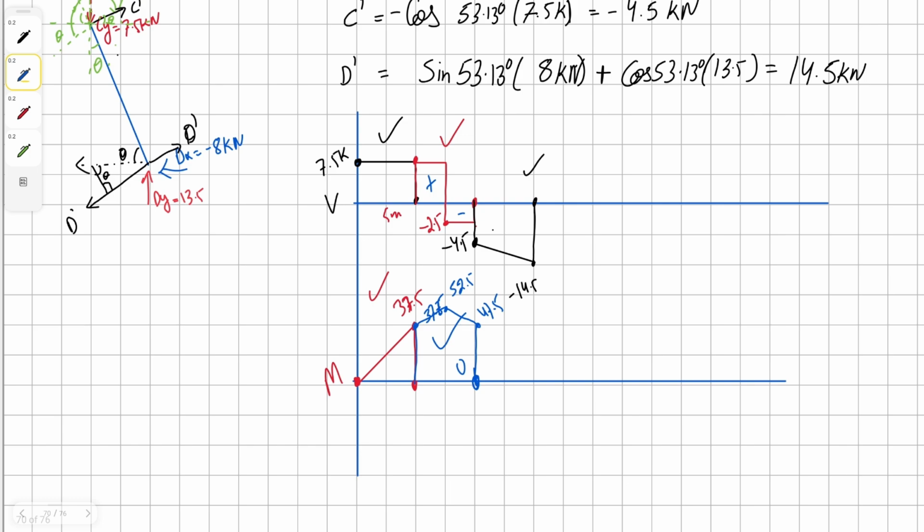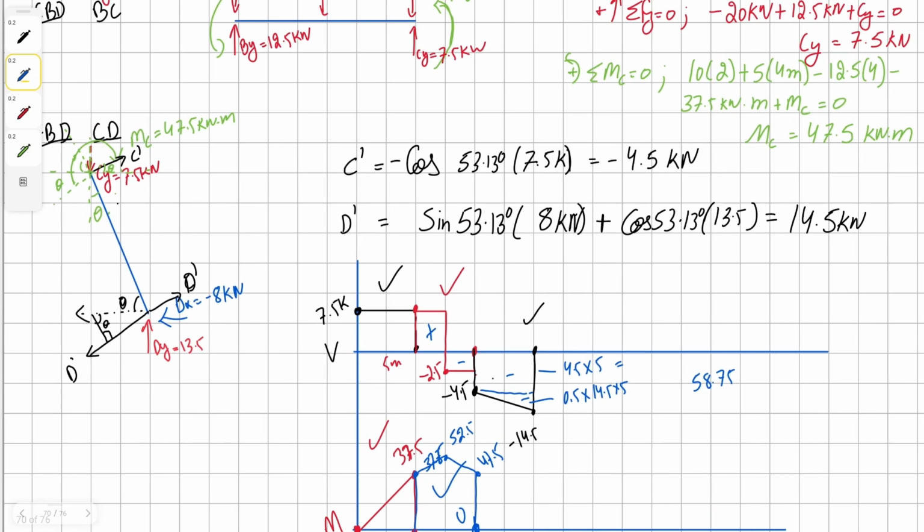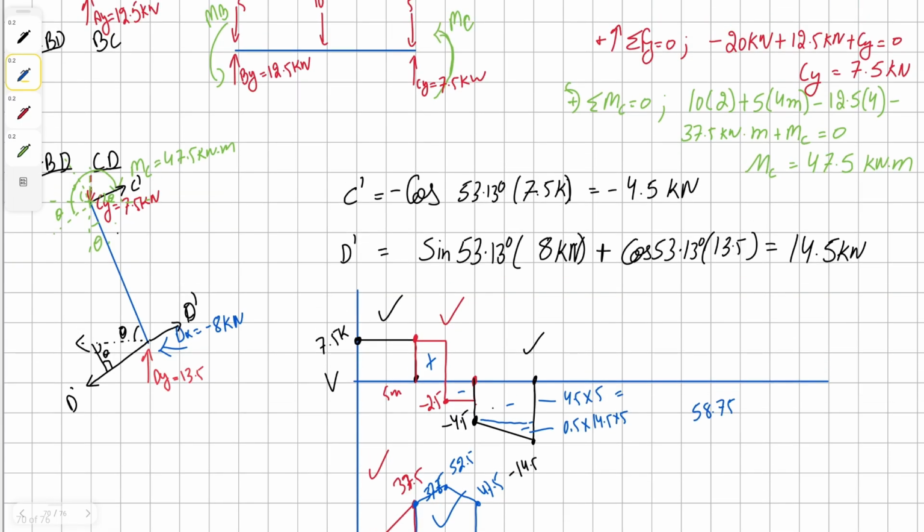Now, next we have a trapezoidal area. So we're going to have two negative areas. So first one is negative 4.5 times 5, and second one is half times 14.5 times 5. After that, we have a solution as 58.75. But before we do that, first we have our moment C at point C. In this case, we have clockwise.